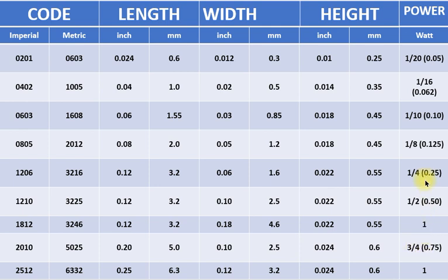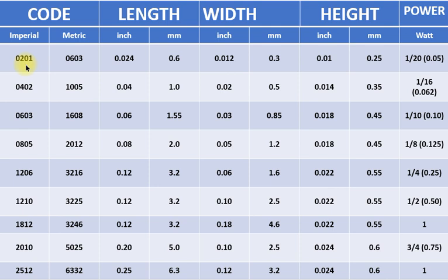The most important thing in this table is the relation between the package and the wattage. Some people use this table to look up the wattage of each package, because these wattage values are very difficult to remember.